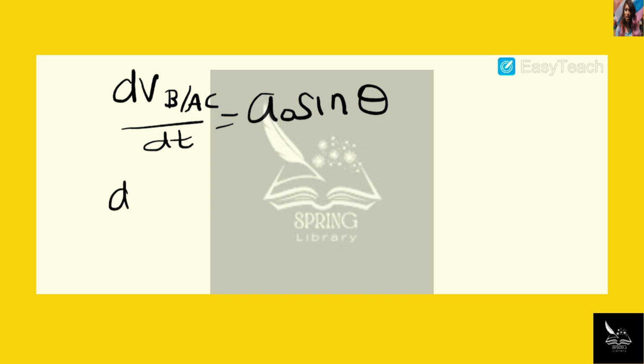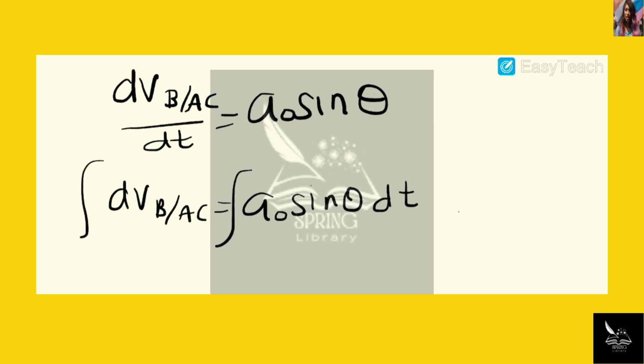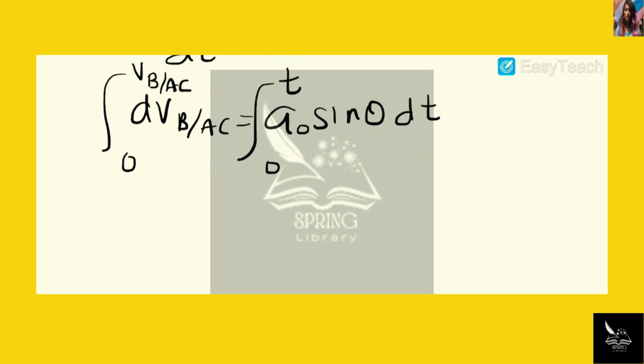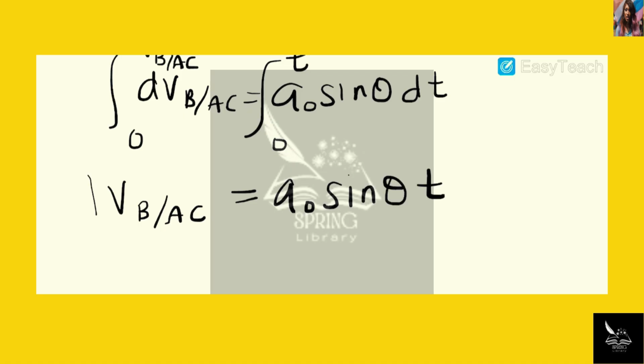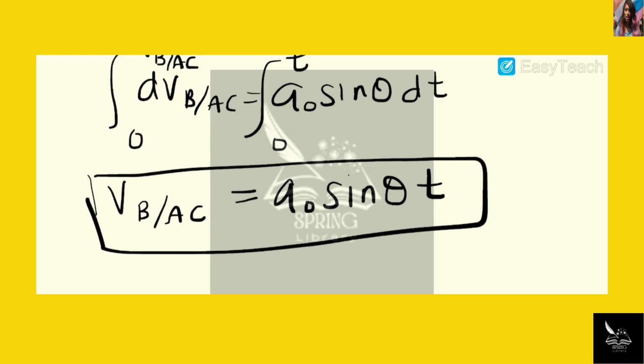So therefore dVB given AC is equal to A0 sine theta dt. Integrating both sides from 0 to VB given AC and from 0 to t gives us that VB given AC is equal to A0 sine theta times t. So this is one part of our final answer.